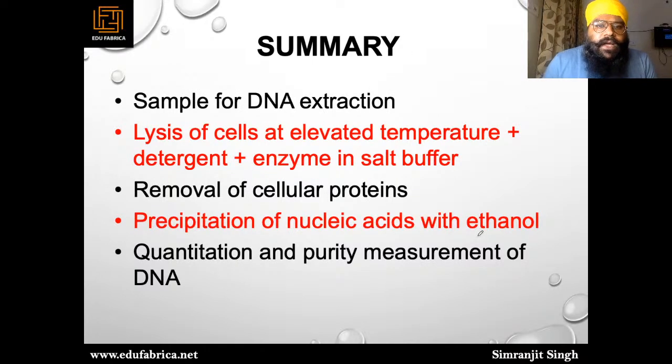So in summary, here we have the sample for DNA extraction, and then we lyse the cells at elevated temperature plus detergent plus enzyme in the salt buffer. Then we remove the cellular proteins, precipitate the nucleic acid with ethanol, then quantify and purify the sample for the DNA.